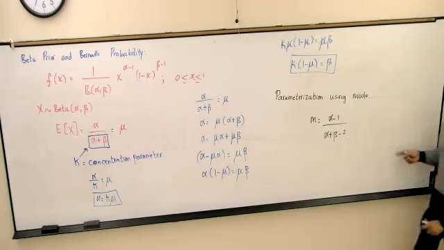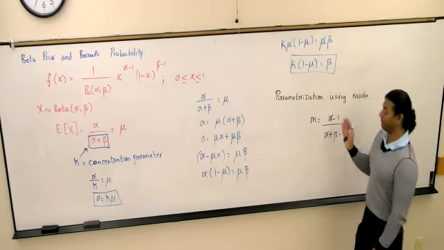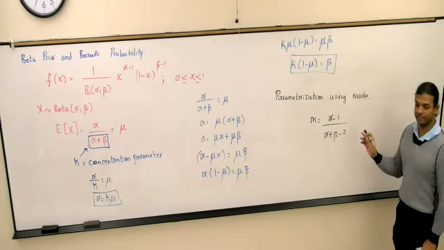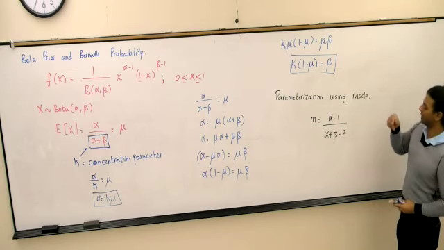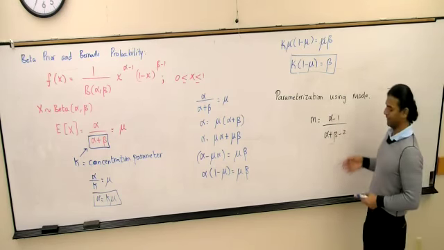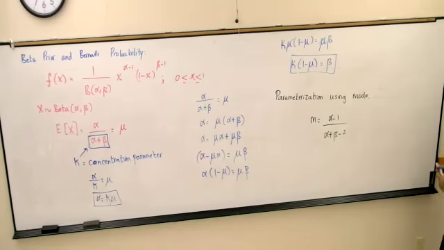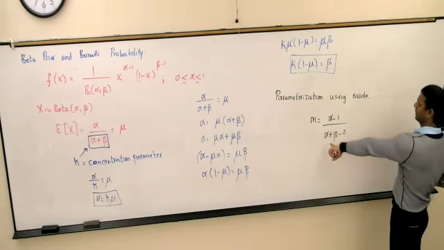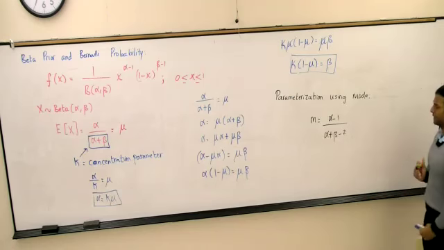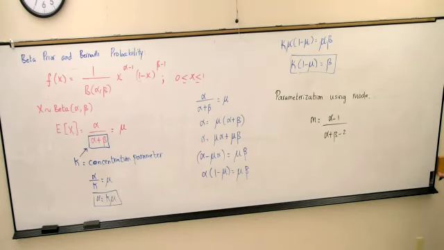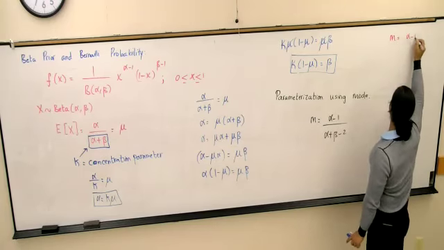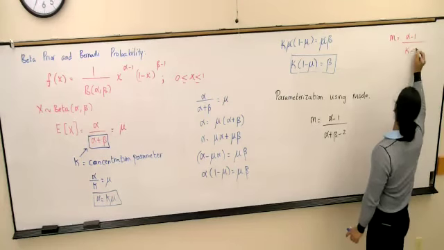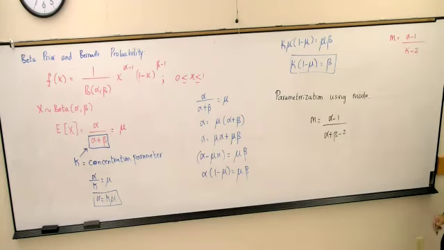So we can use the mode of a beta distribution to estimate the values of alpha and beta. So alpha plus beta is nothing but kappa, right? We already determined that. So m will be equal to alpha minus 1 over kappa minus 2.